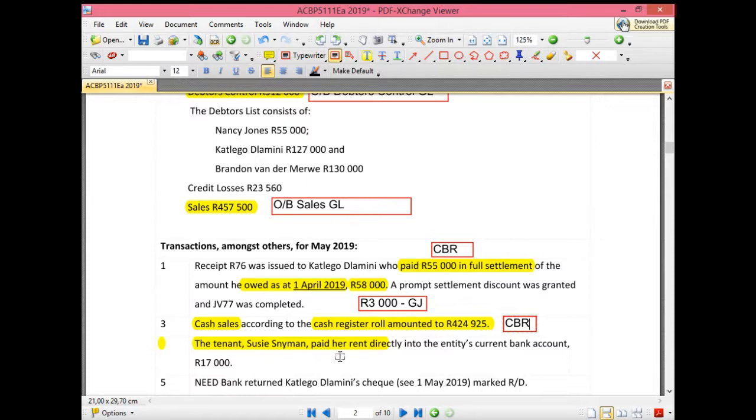Then the tenant paid her rent directly into the current bank account for 17,000. So this is also a cash book receipt. All that means is it went straight into our bank account, so when we do our bank recon at the end of the month, we would have captured it in our cash book receipts journal.